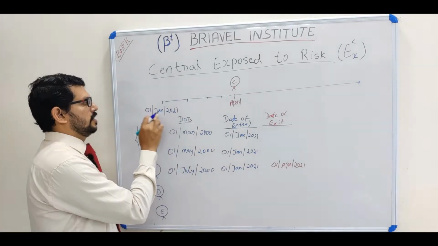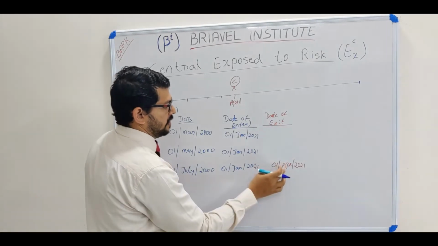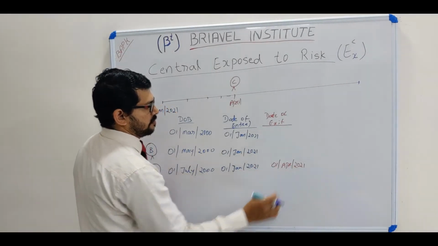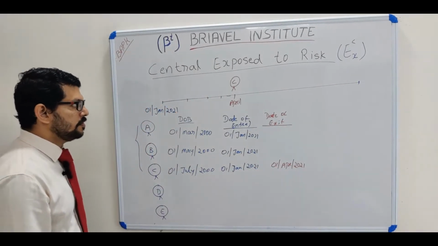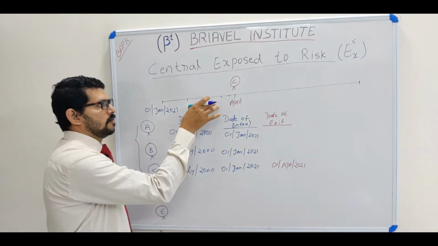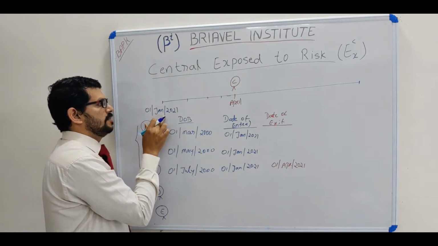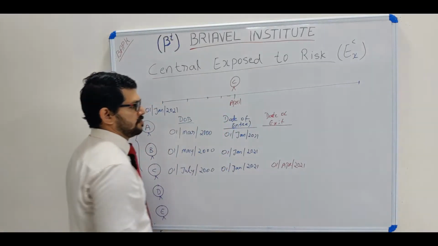Date of entry is Jan 2021, and this fellow's date of exit is 1st April 2021. So how much time did he spend in the observation, in the forest? He entered in January and stayed up to 1st April.